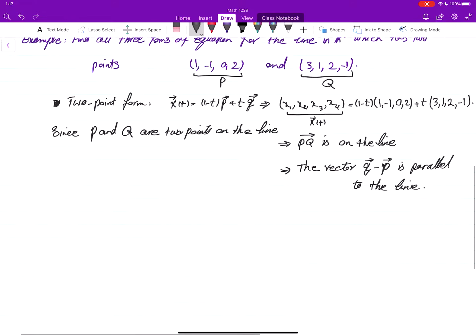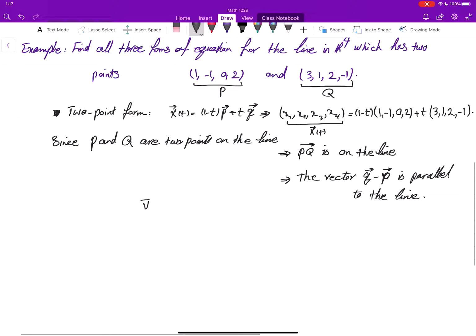Okay, so it means that we have V here: (3, 1, 2, negative 1) minus (1, negative 1, 0, 2), which together gives us 3 minus 1 is 2, 1 minus negative 1 is 2, 2 minus 0 is 2, and negative 1 minus 2 is negative 3.